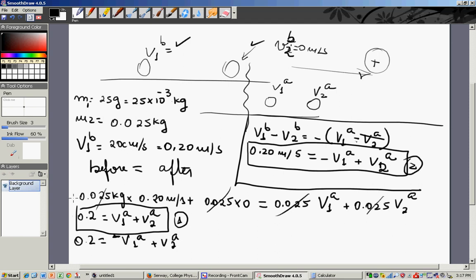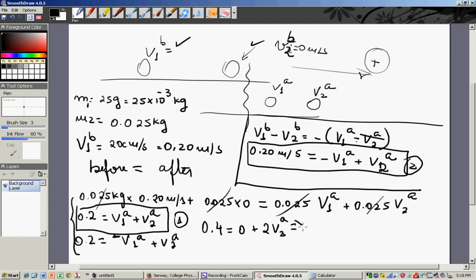I just add those two quantities. So 0.2 adding with 0.2 becomes 0.4, which is equal to v1a summing negative v1a gives me 0, plus 2 times v2a.